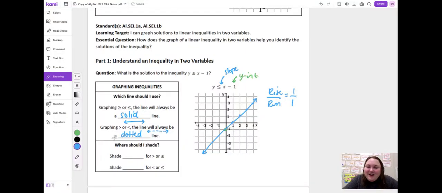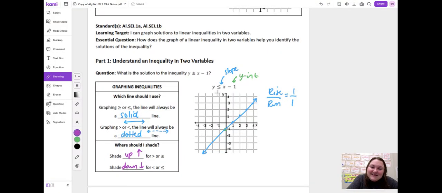The other part to graphing linear inequalities is shading. The same way that you shade numbers on a number line for an inequality, we're going to shade part of this graph. The rules we use are for greater than or equal to, you are going to shade up or above your line, and for less than or equal to, you are going to shade down or below your line.